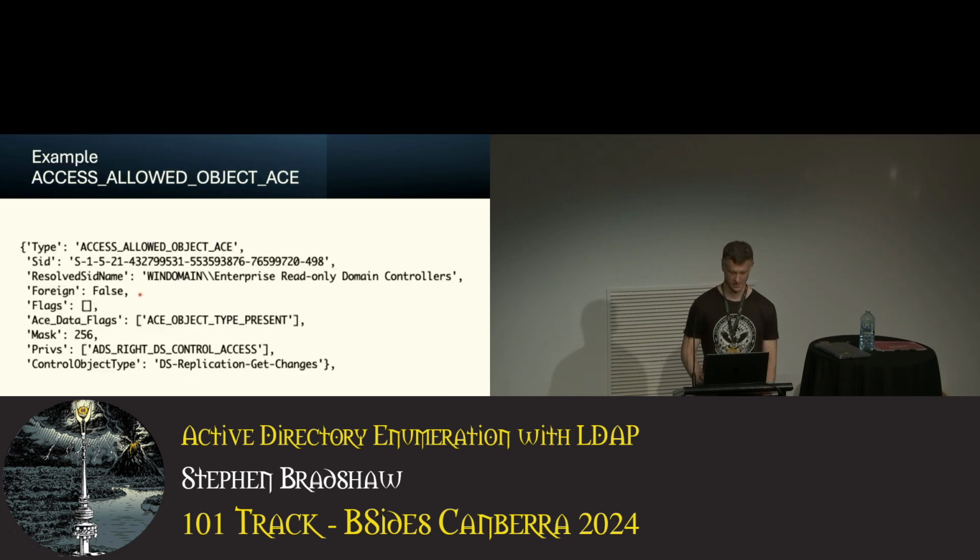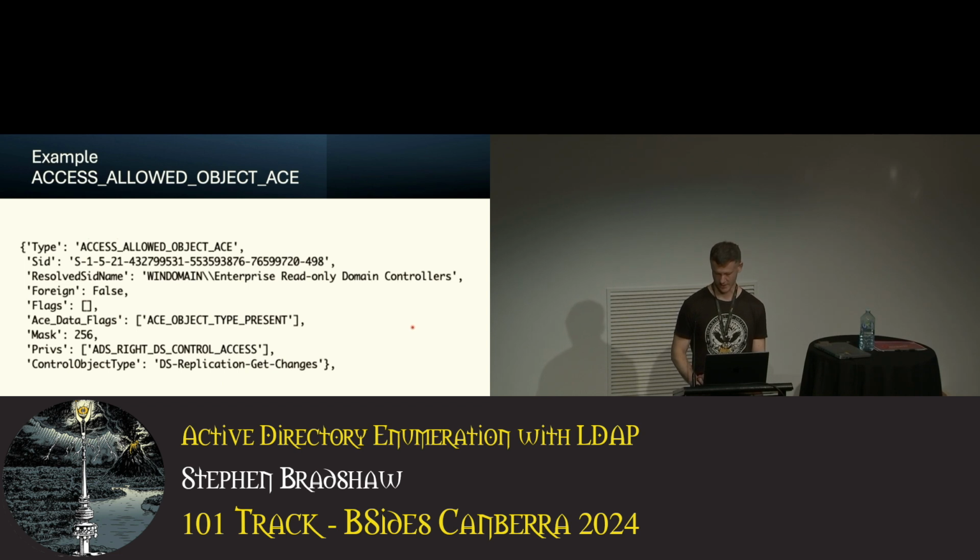So here is an example of a parsed one of these ACEs. So the additional fields of interest are the ACE data flags. In this case, it has ACE object type present. And that means we need to pay attention to the control object type, and we've resolved that to a friendly value via a GUID lookup.